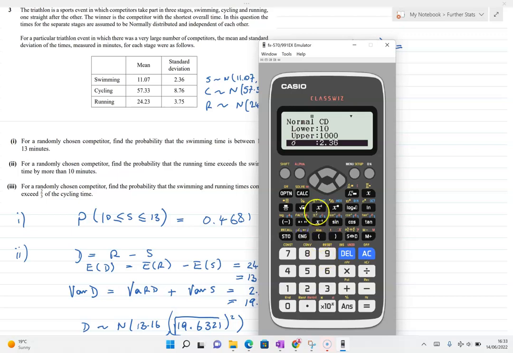Standard deviation, and it will accept us putting the square root button in here, so it's 19.6321, sorry. And the mean is 13.16. And that comes to 0.7621.